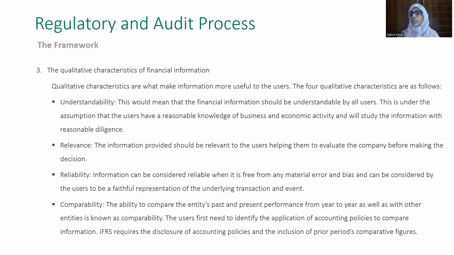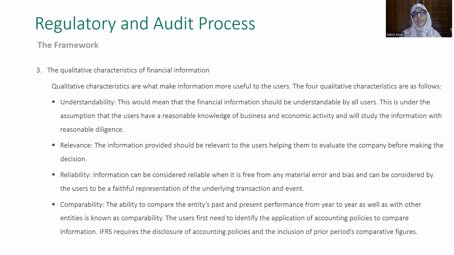Can you compare between two companies? Or is this information something that I cannot use to compare and understand a particular situation? Can you compare with the other companies in the industry, or with different situations of the company, even related to a project? So there should be relevance.